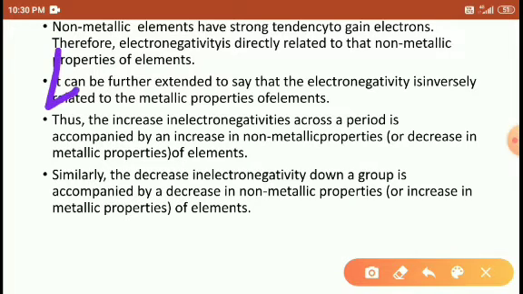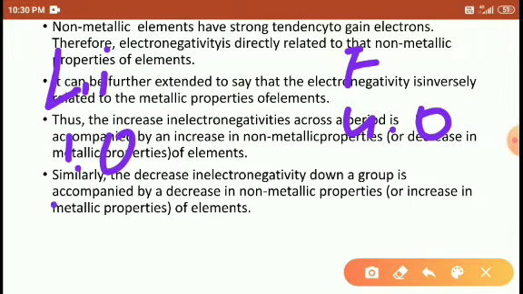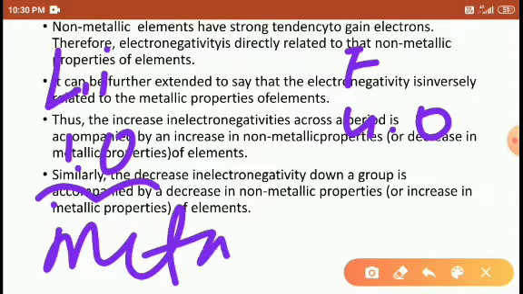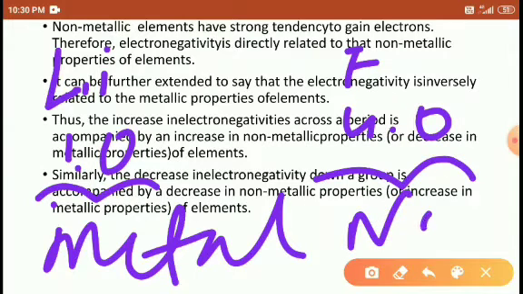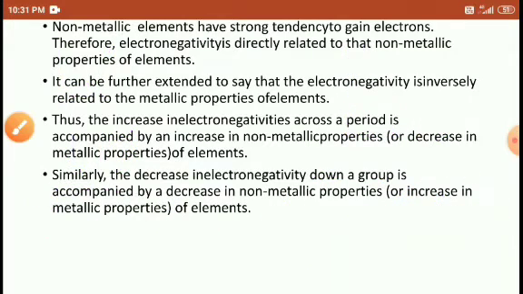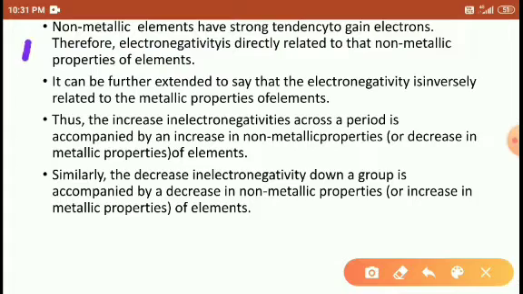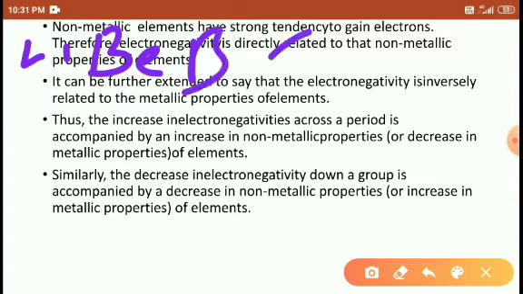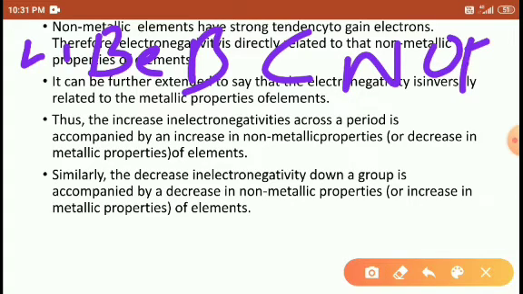So, electronegativity increases. For example, look at here, students. You may compare lithium. Electronegativity is 1.0. Fluorine electronegativity 4.0. So, lithium is the metal and fluorine is the non-metal. Right? So, again, lithium, beryllium, boron, carbon, nitrogen, oxygen, fluorine.